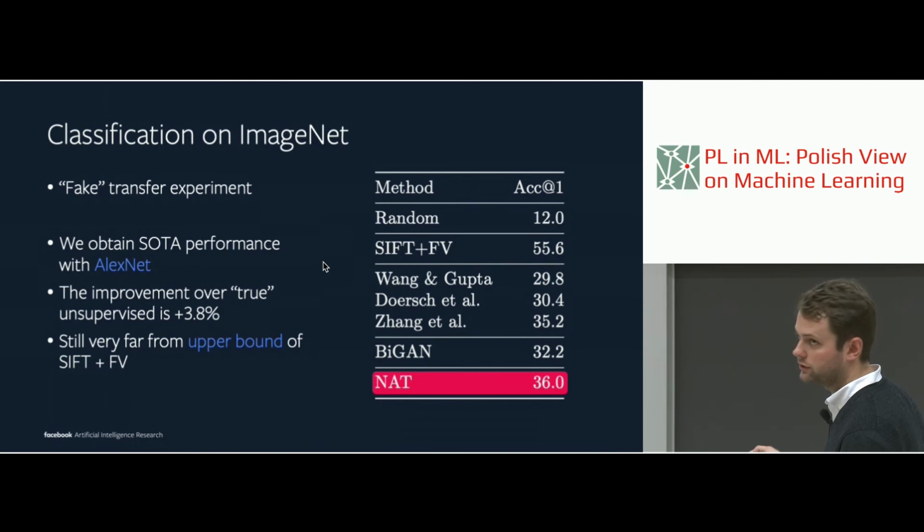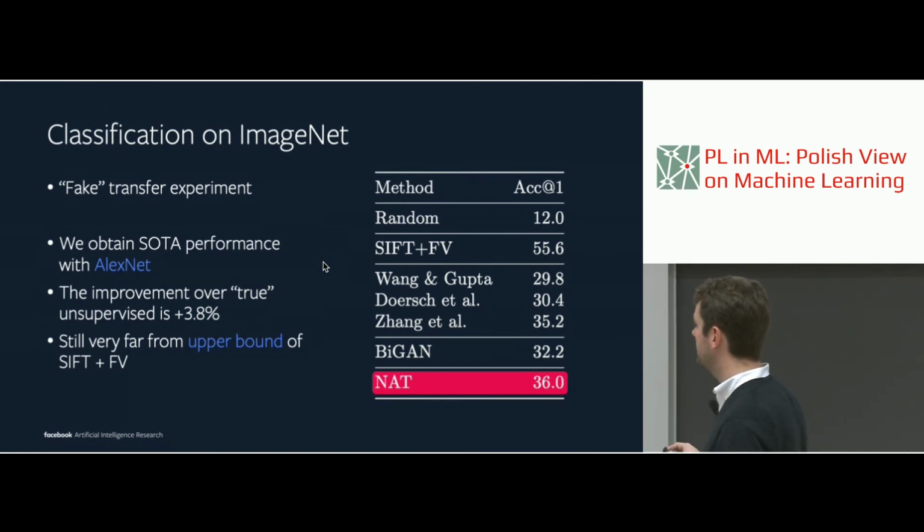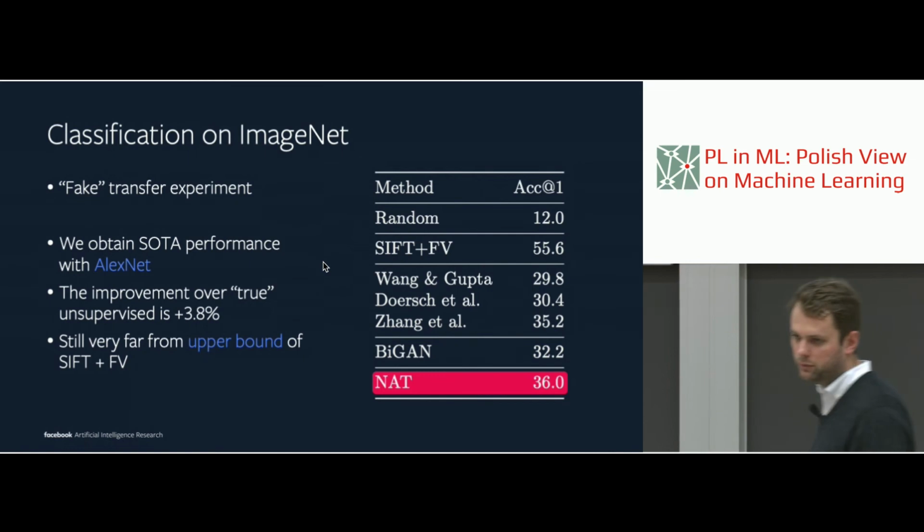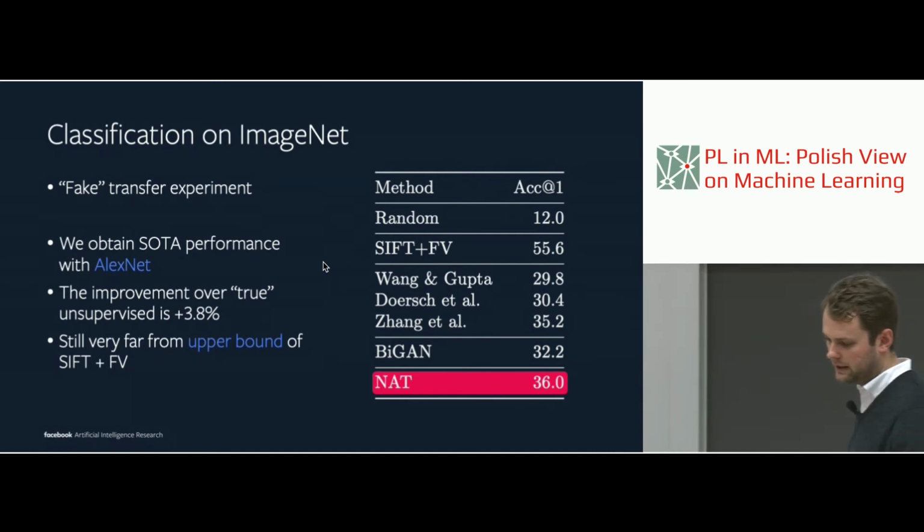And what was strange, not strange, it's just painful, is that the good old features, which were in some sense unsupervised, are still very far from the performance that we get with the neural network.